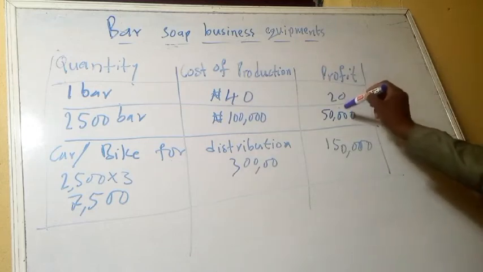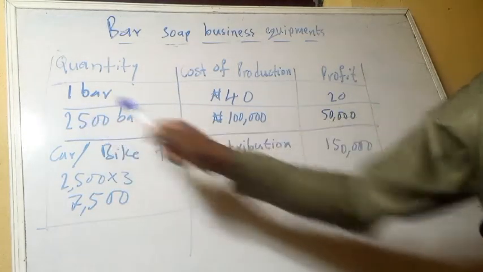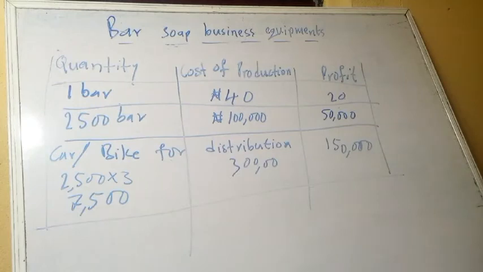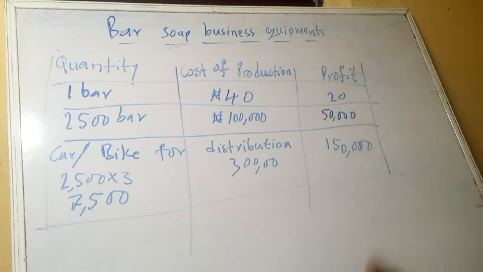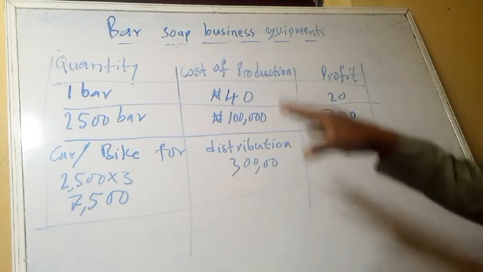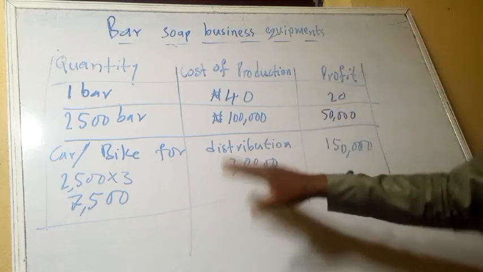Now, if we are getting 20 naira, if we produce 2,500 bars, definitely 20 times this will give us 50,000 naira as profit. Now, if you have a bike or a car for distribution, then you do it by yourself. As a beginner, you don't need to look for a distributor that will tell you that his commission is this and that.